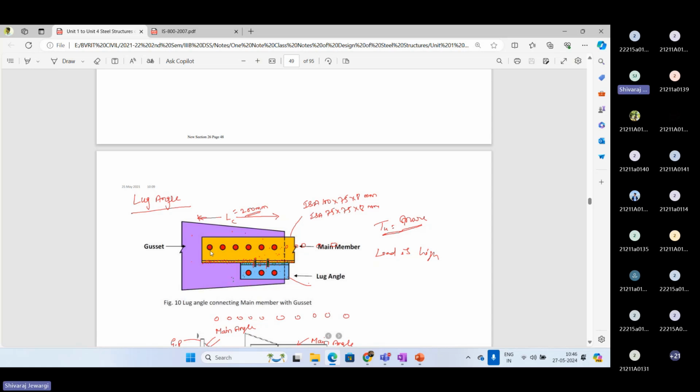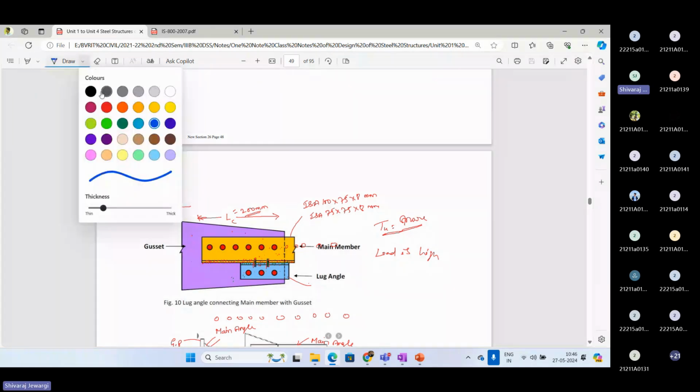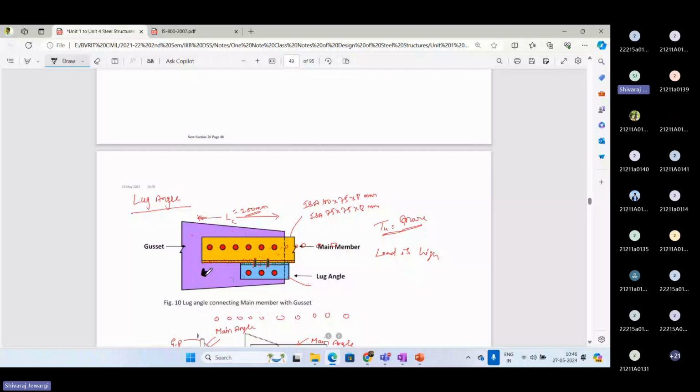I will just draw here. The length of the connection is becoming more, isn't it? So in order to avoid adding more length to the connection, we should provide one more additional angle called a lug angle adjacent to the main angle.